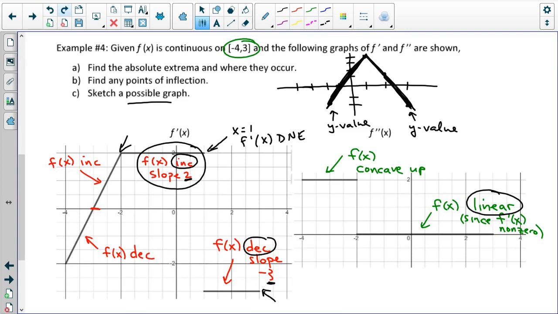Now I'm going to take a look at the back part of the graph. My slope is changing and increasing from -3 to -2. My slope is never any bigger than 2 in that case. So it'll look something like that, maybe.